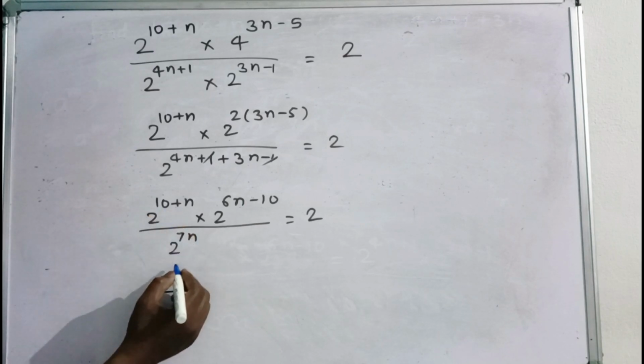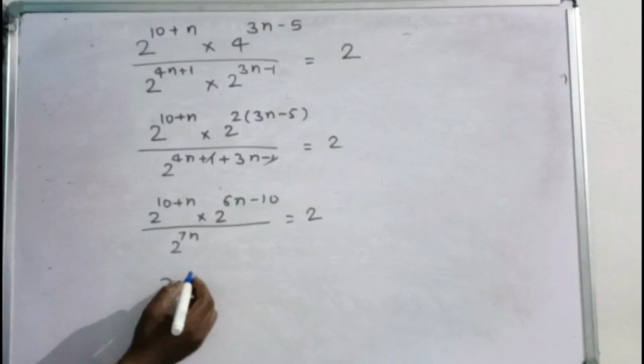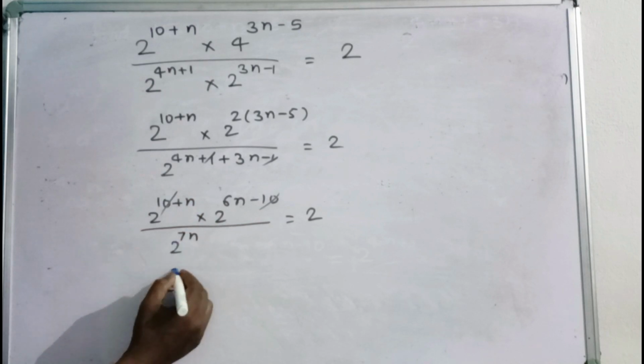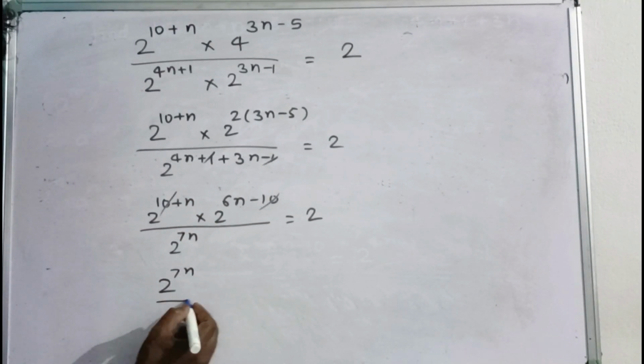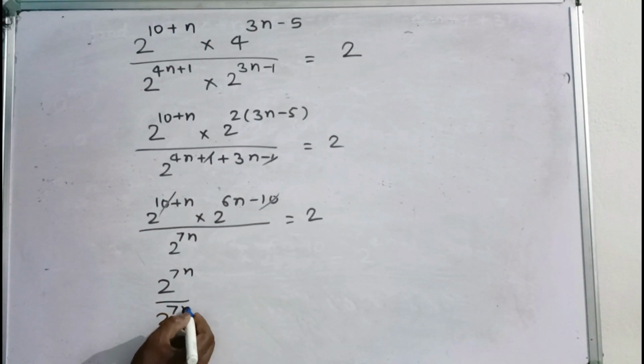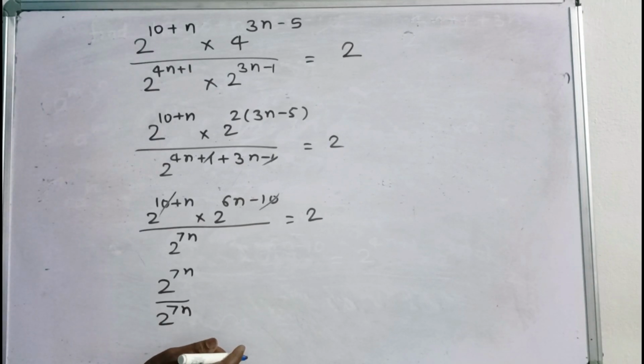2 raised to the power 10 get cancelled. 7n divided by 2 raised to the power 7n. Again, this is wrong.